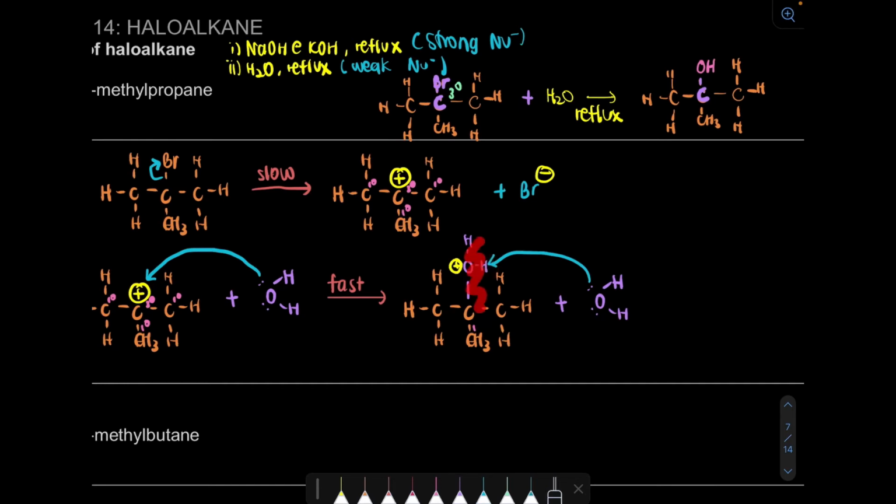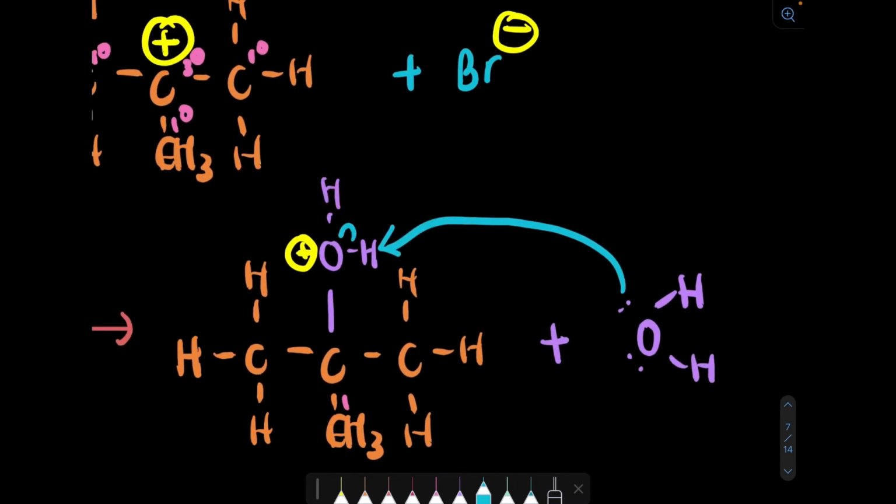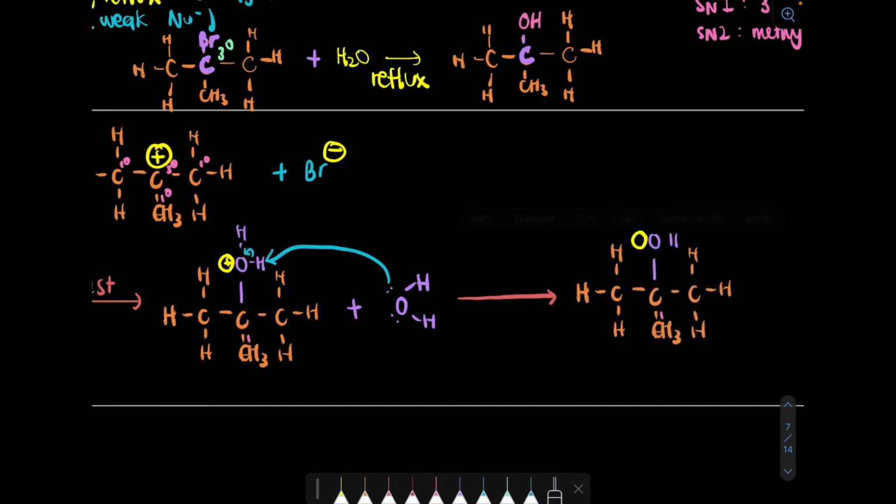Then this bond will break. When it breaks, the electrons move to the more electronegative atom, because hydrogen is group 1 and oxygen is group 16. So we have to show the bond breaking with the electron going to oxygen. We show the arrow and then draw our product. O is bonded to hydrogen.